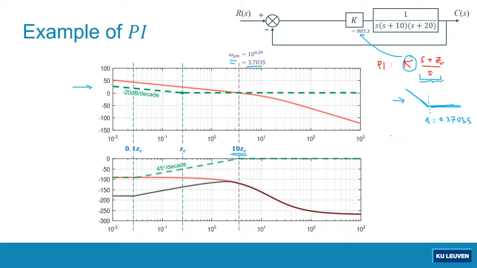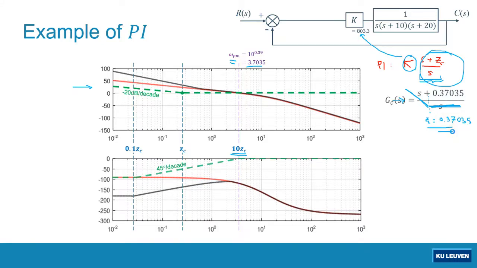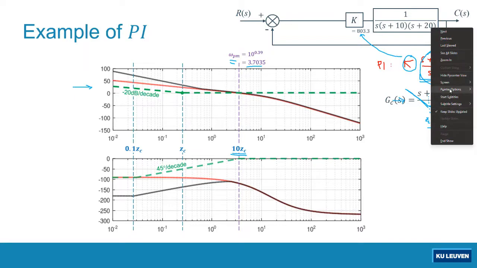In total then, the magnitude plot and the phase plot of my new open loop transfer function, incorporating also the dynamic of this PI controller, will look like what you can see in this black line, right? Where the dynamic part of the PI controller, as we just discussed, I have to erase this again.